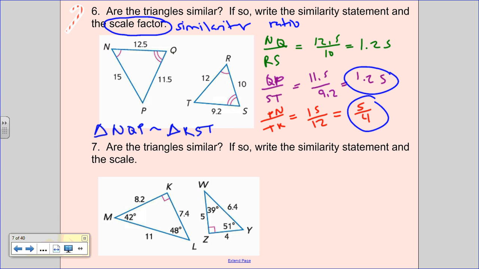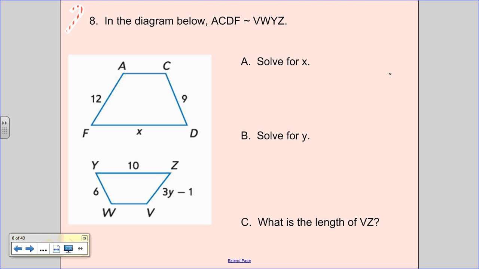So now you should be able to do number 7. In the diagram below, it tells us that polygon ACDF is similar to polygon VWYZ. Kind of looks like it's a trapezoid. First, it would like for us to solve for x.